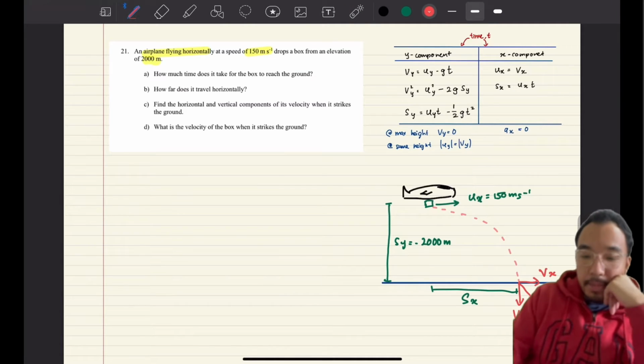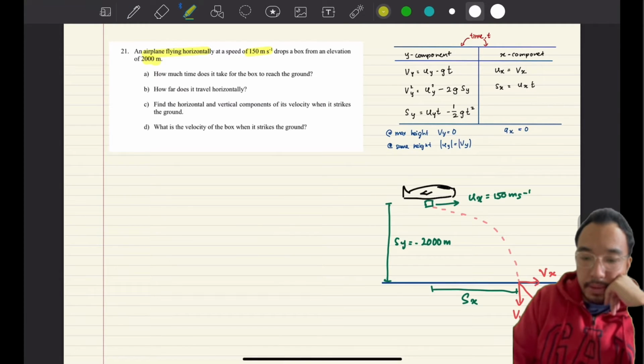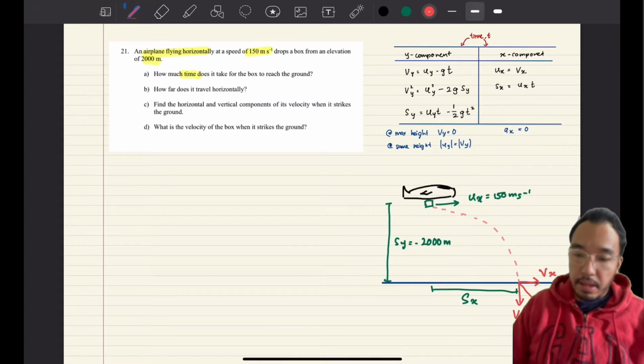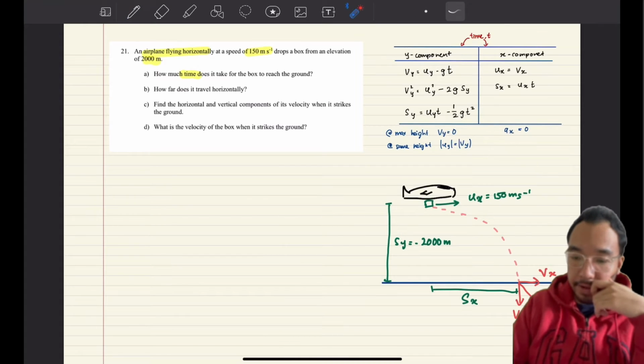Okay, so how much time does it take for the box to reach the ground? Time. Again, this is the formula that I have already put here. So you can choose now. If you want to find time, you do know your sy. You don't have the sx, right?